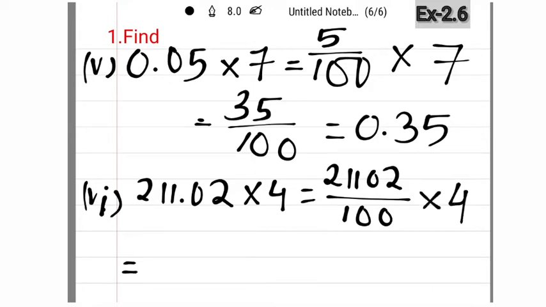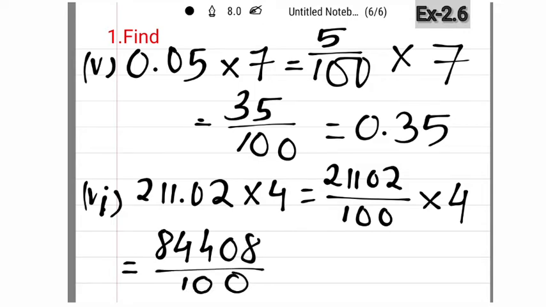Now multiply both the numerators. 21102 into 4, we will get 84408 upon 100, because the denominator will remain the same. Now we will convert it easily and we will get 844.08.